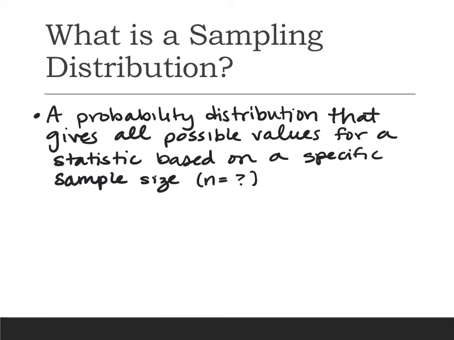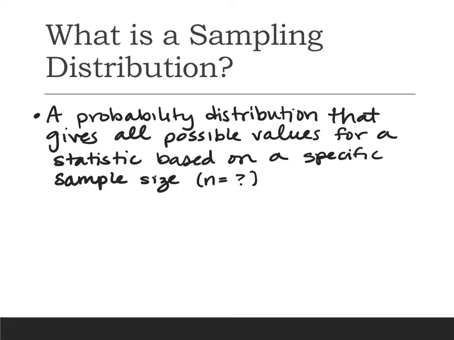N is our sample size, and so we can have sampling distributions for the sample mean, for the sample proportion, and even for the sample standard deviation. However, we're only going to focus on the sampling distribution for the sample mean.